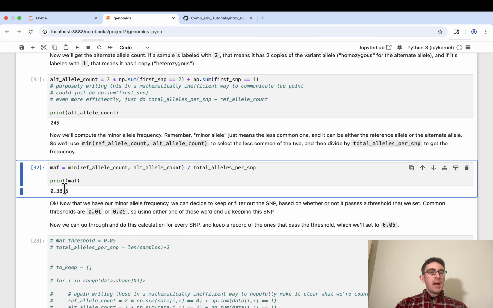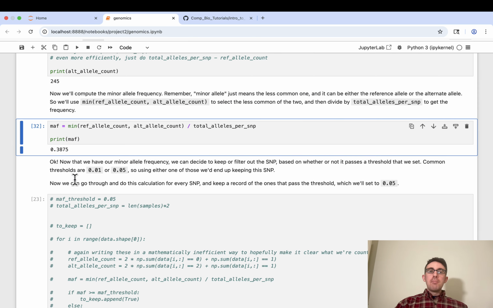And this is a pretty good balance here. This means that the minor allele in this case was still almost 40% of the total alleles. So that's good to have a balance like that, because having that balance means that it'll be easier for us to detect an association with the zombie phenotype if one exists, because we have enough observations of both of the alleles that we should be able to detect an association between the genotypes and the phenotype if one of them exists.